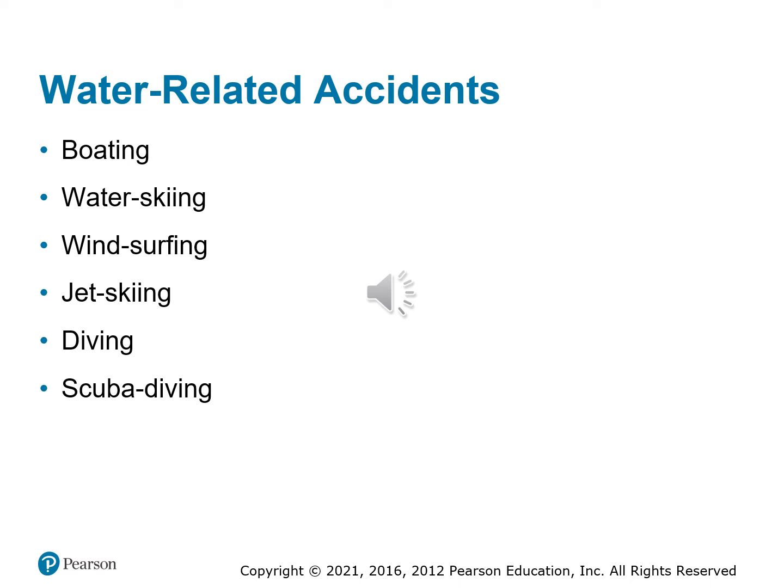Jet skiing, very prominent around us, and then there actually is diving, and scuba diving does occur around us as well, even though you may think of scuba diving as more of a destination type thing where you're out in the oceans, diving for shipwrecks or diving to look at reefs, things like that. But we do have scuba diving around here as well.